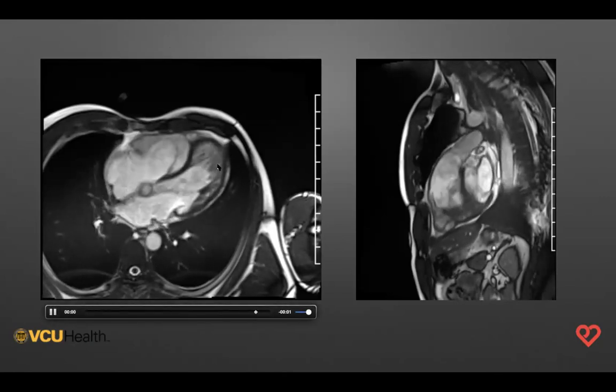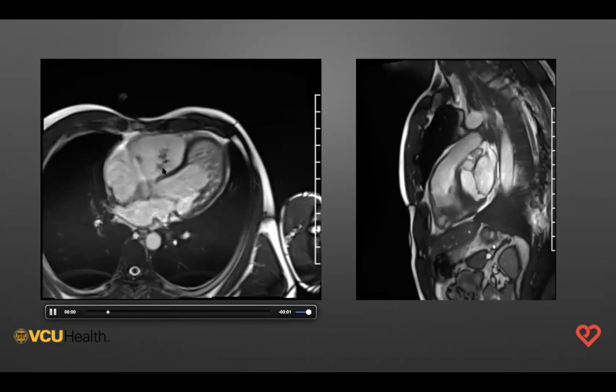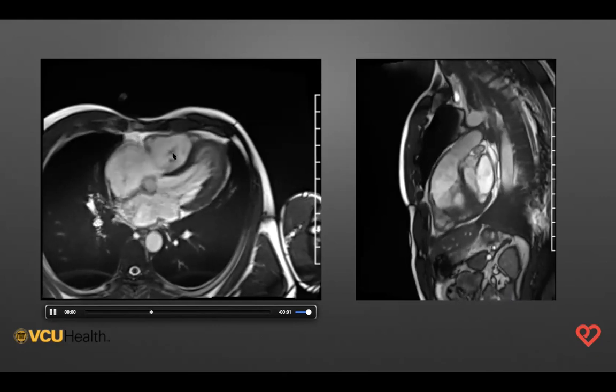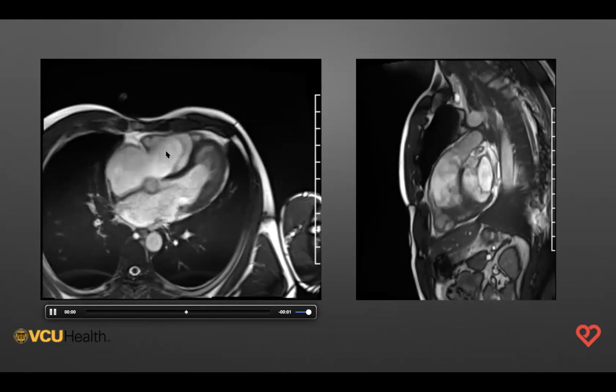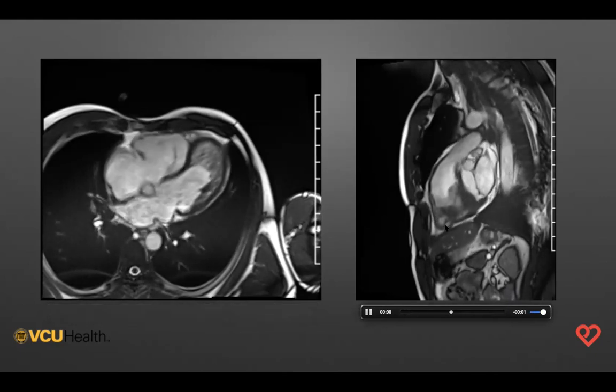He does have non-compaction of a significant portion of his left ventricle, but you see this tricuspid valve, which is apically displaced and looks like Ebstein's. When you look at the RV outflow tract, he has a good amount of RV outflow tract.